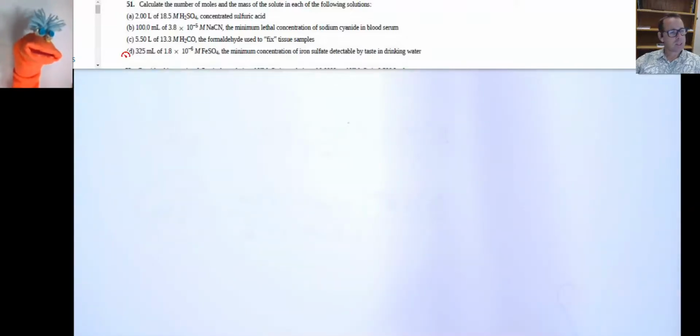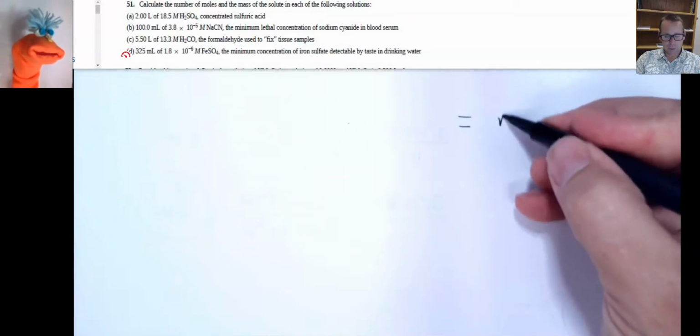So let's do this one a little bit differently. The next one, where we're looking at sodium cyanide, 100 milliliters, 3.8 times 10 to the negative 5 molar, which is the minimum lethal concentration of sodium cyanide in blood serum. So how many grams and moles of the sodium cyanide are in that 100 mils of solution, right? What goes to the right of our equal sign?